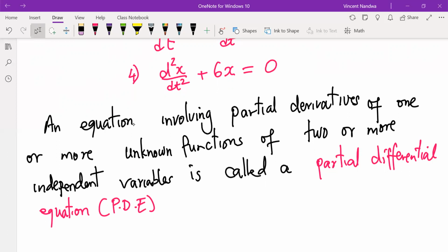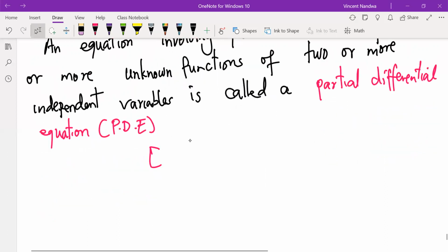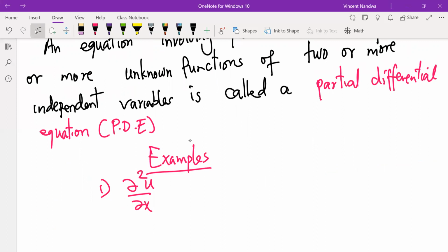So examples of PDE: one, partial squared u/partial x squared plus partial squared u/partial y squared equals 0.